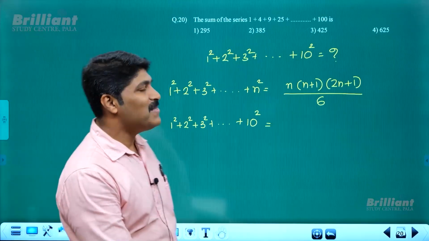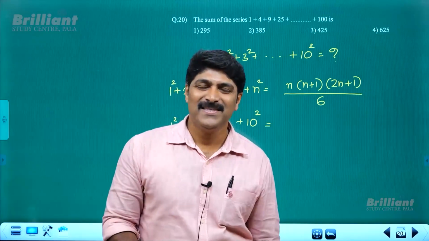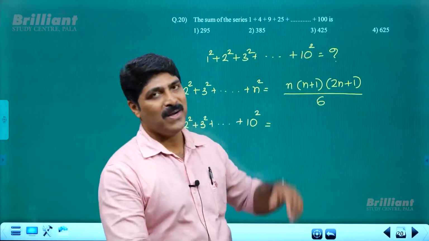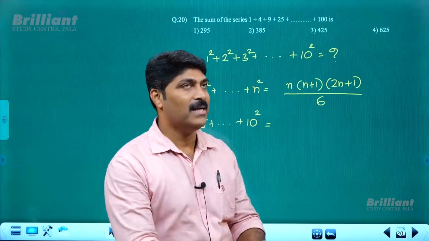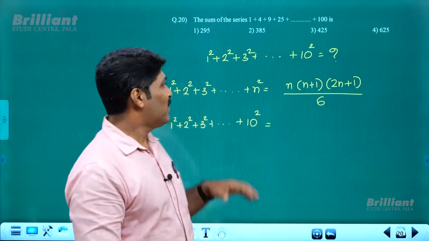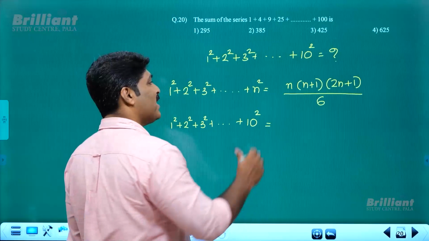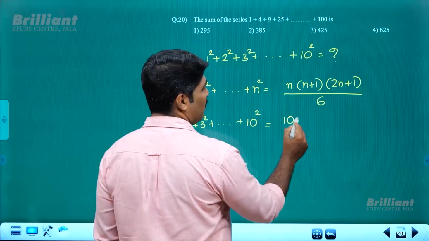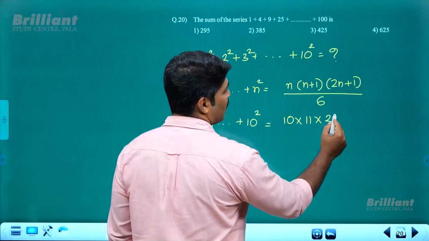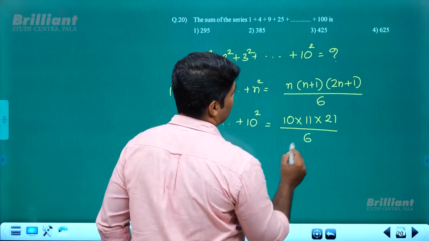We have to find the root of that 100. Sometimes students may make such a mistake and misinterpret that n equals 100. So here you have to consider which value squared will equal 100. So n equals 10. Apply that result here: n into n plus 1 into 2n plus 1 divided by 6.